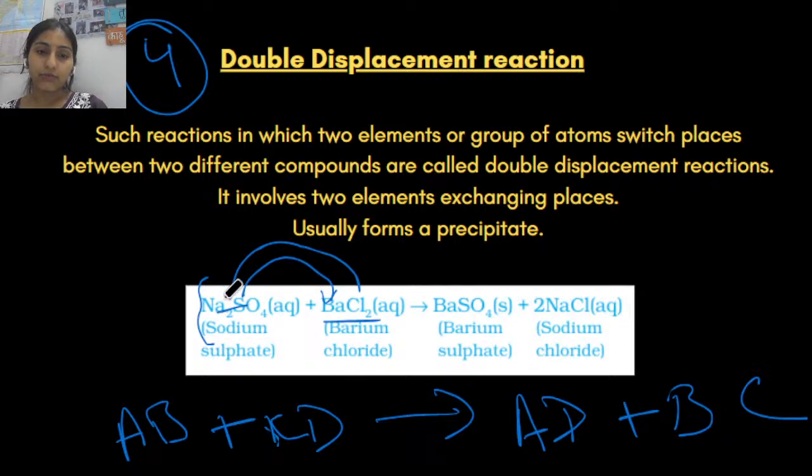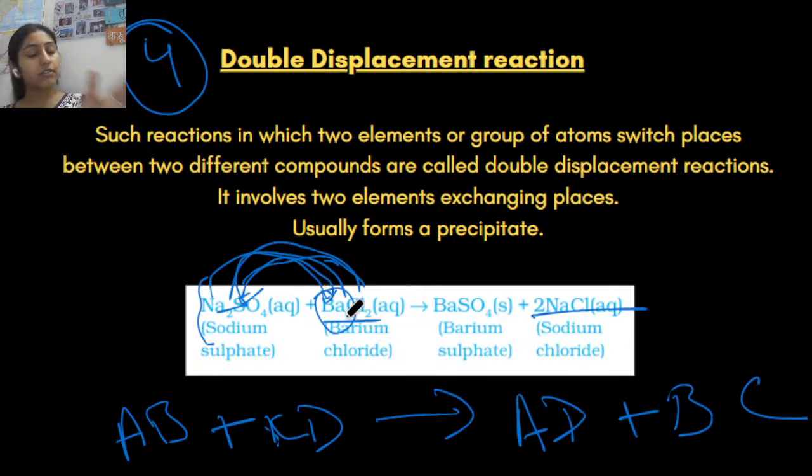Because sodium is more reactive, it is reacting with chlorine, resulting in the formation of NaCl, and barium, being another reactive species, is displacing sodium and now reacting with sulfate, resulting in the formation of barium sulfate and sodium chloride.